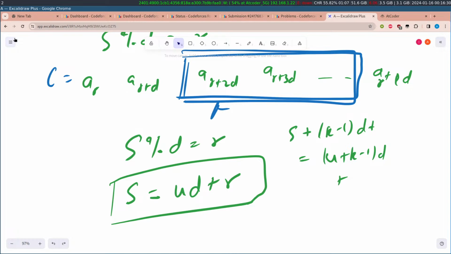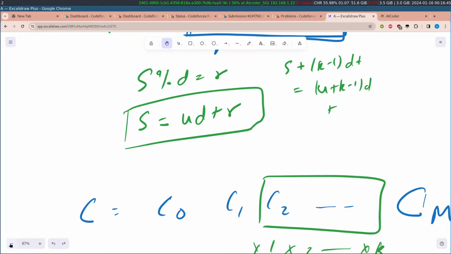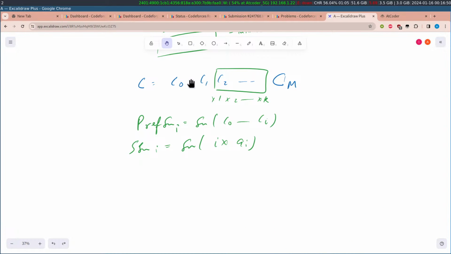Like, let's say we have fixed a particular value of mod and number. We have numbers C0, C1, C2 up till Cm.